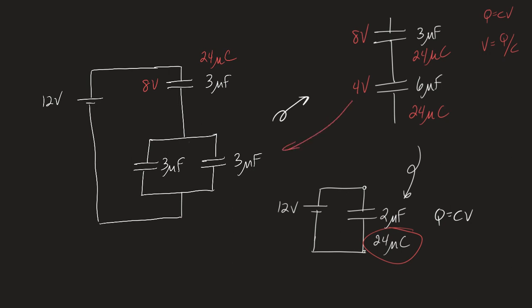So when I step back and move back to the original, I'm going from an equivalence to a set that's in parallel. Parallel capacitors see the same voltage. So I take the voltage from that capacitor and I apply it to each of the capacitors that are in parallel.